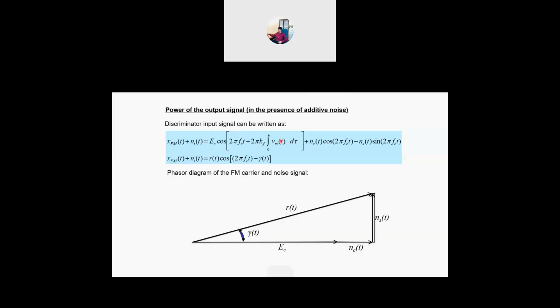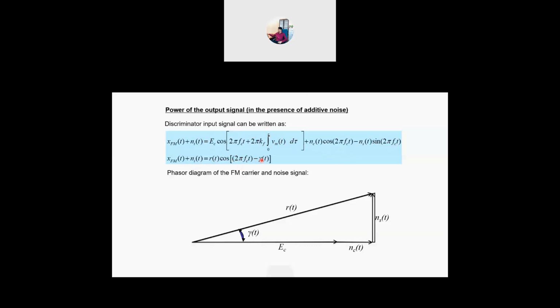This is your XFM, your input frequency modulated signal, and this is your noise: Nc(t) cos 2 pi fct minus Ns(t) sine 2 pi fct. Then XFM plus Ni equals R(t) cos 2 pi fct minus gamma(t).